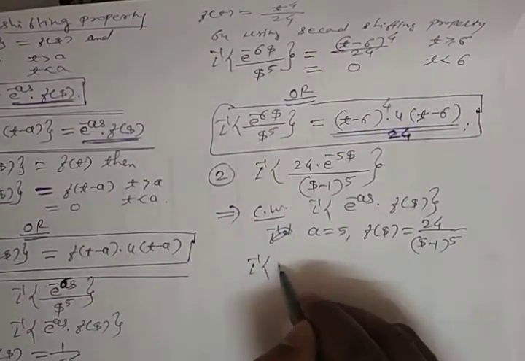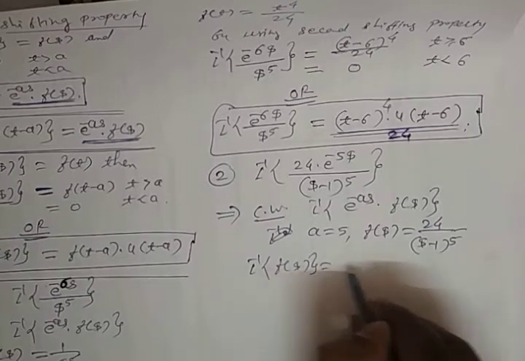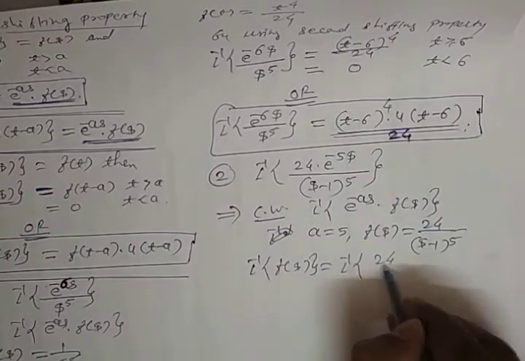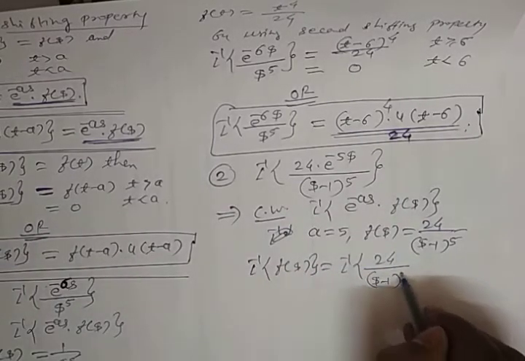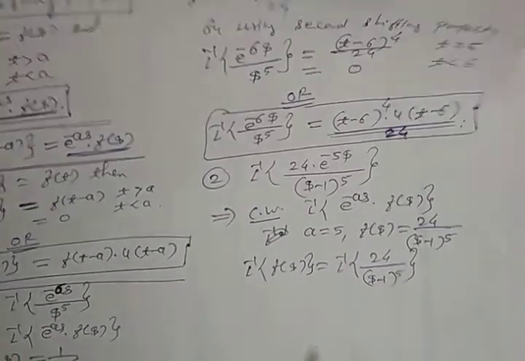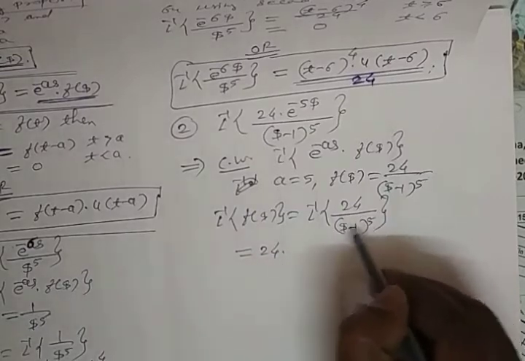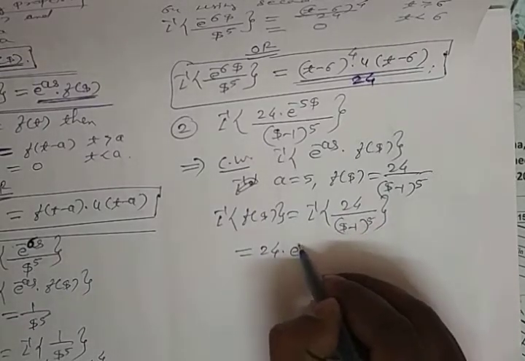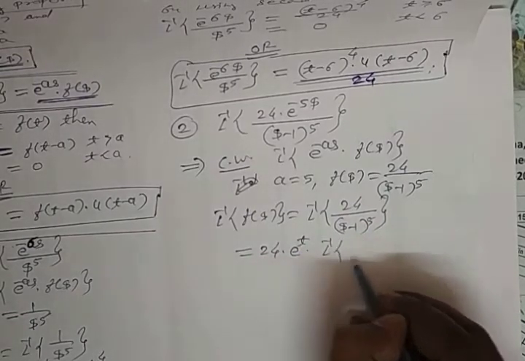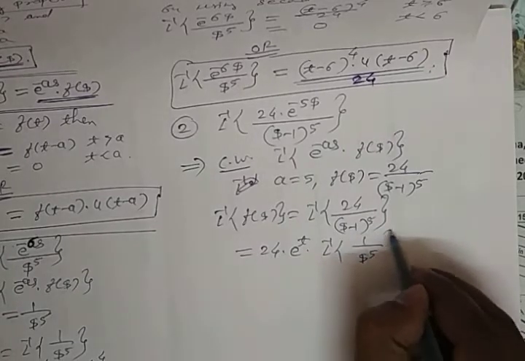First, Laplace inverse of f of s is equal to Laplace inverse of 24 upon s minus 1 raised to 5. How to find this? 24 can be taken outside, and this is first shifting property. So e raised to t into Laplace inverse of 1 upon s raised to 5, isn't it?